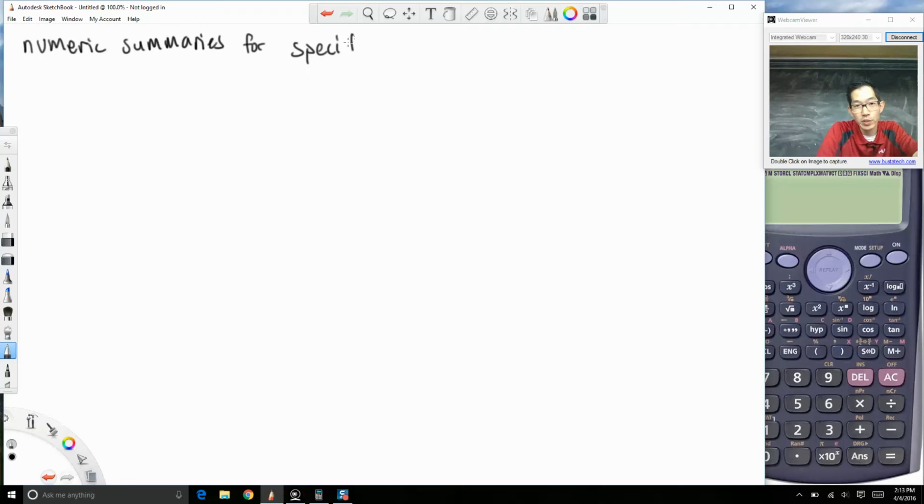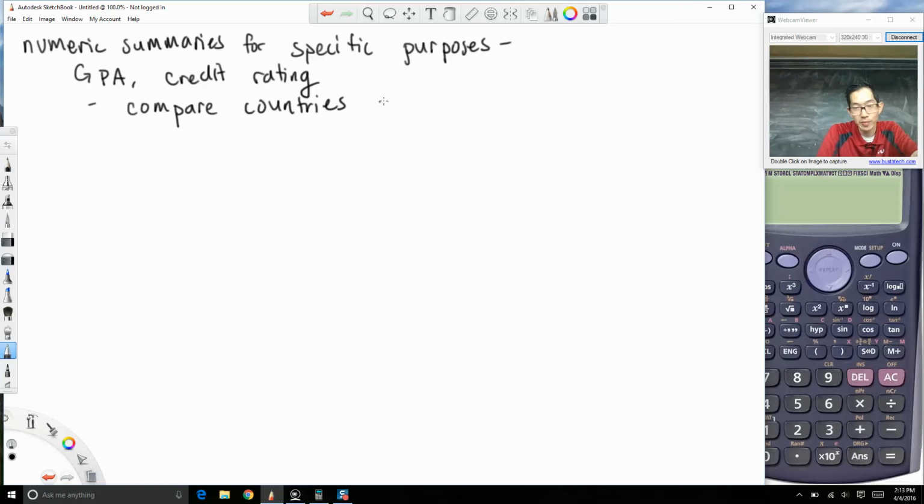And many of these we are familiar with. So we have GPA, credit rating. We can also compare countries' economic power with things like GDP or GDP per capita.